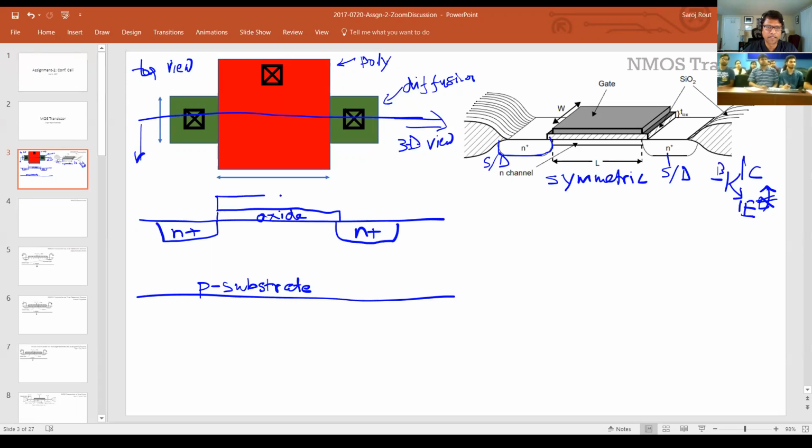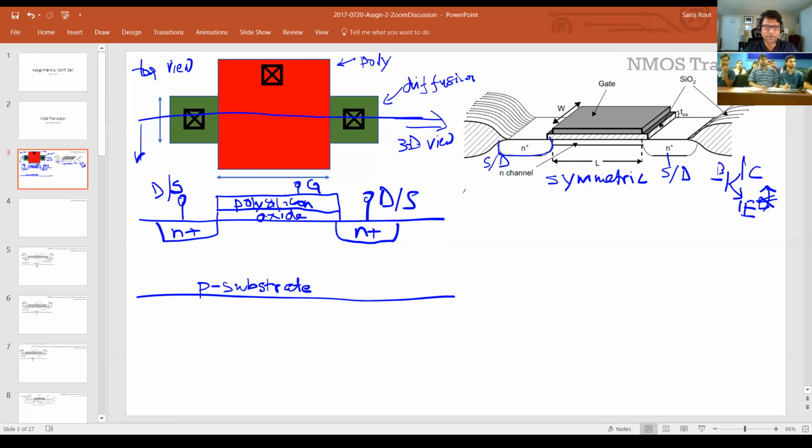On top of that, you have polysilicon as a gate. So that's your gate, and this could be either drain or the source. Same here, this could be either the drain or the source, depending on the bias.